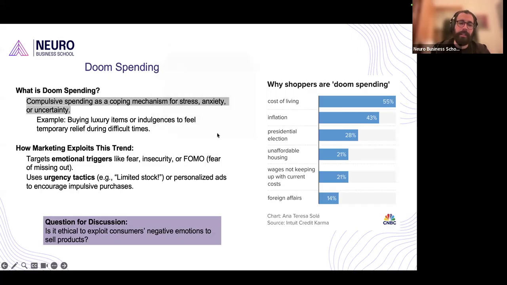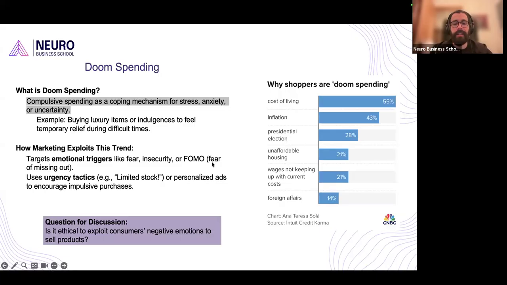That's something that exists. Well, sometimes marketing exploits this kind of trend, targets emotional triggers like fear, insecurity, or FOMO, or uses urgency tactics like limited stock or personalized ads to encourage impulsive purchases.